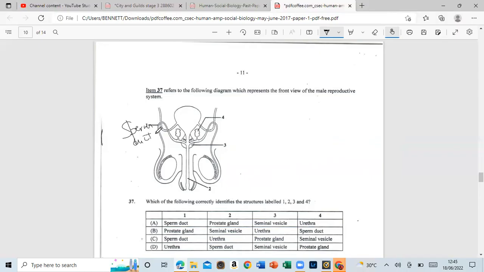All right, so 2, it's a urethra. Seminal, yeah. All right, so 1 is the sperm duct, then the prostate, that means C. So 37 would be C.